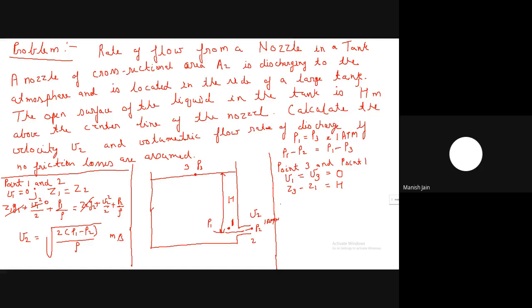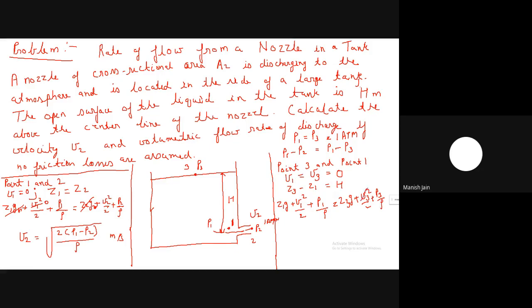Okay, so you can write the Bernoulli equation. Z1 g, this is not g1 g2, this is g only, gravity only. Z1 g plus V1 square by 2 plus P1 by rho equals Z3 g plus V3 square by 2 plus P3 by rho.